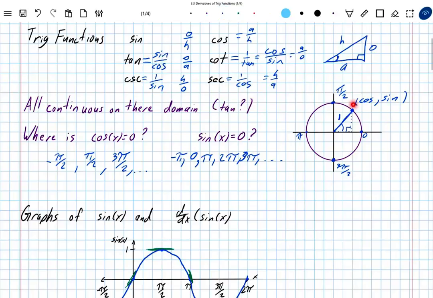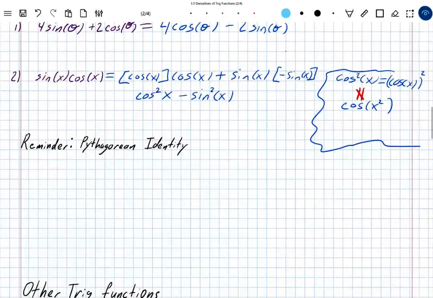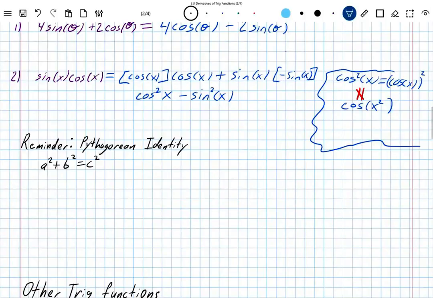On this right triangle, there is something that is true for all right triangles, involving the name Pythagoras. So the thing I know from Pythagoras is that a squared plus b squared is equal to c squared, where c has to be the hypotenuse. So if you square the legs of a right triangle and add them together, you get the square of the hypotenuse. But we just said that those legs, that width and that height, are given by sine and cosine.